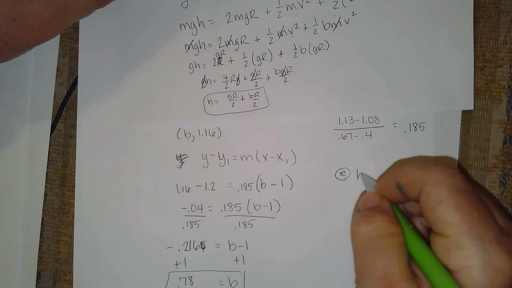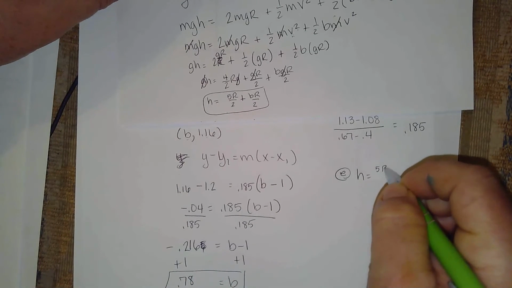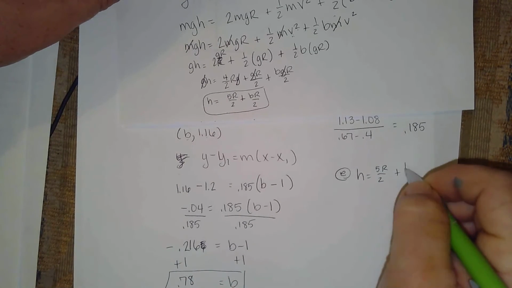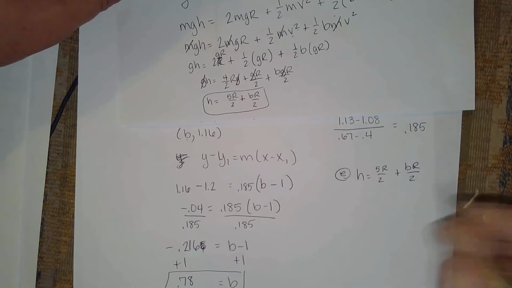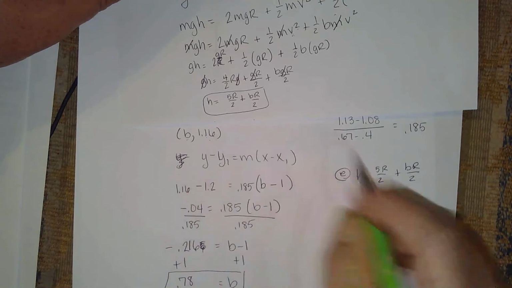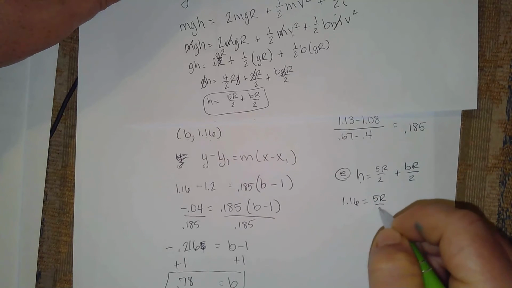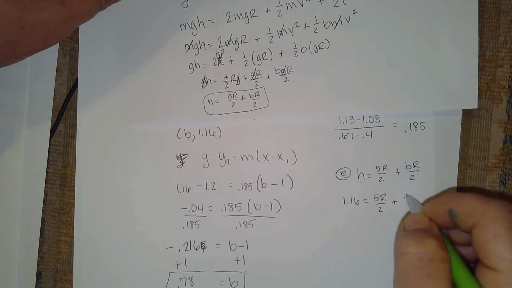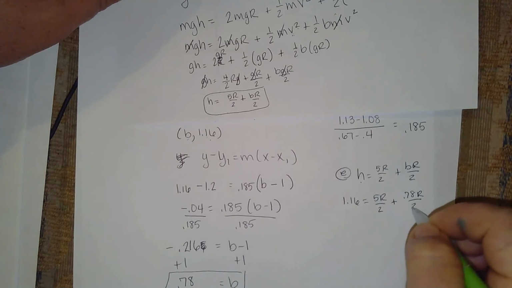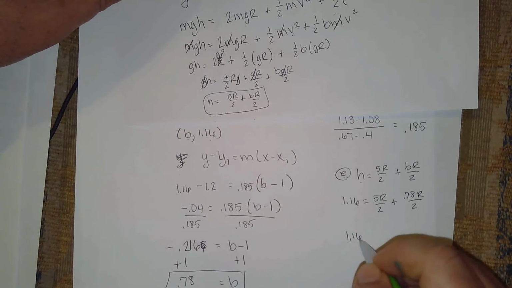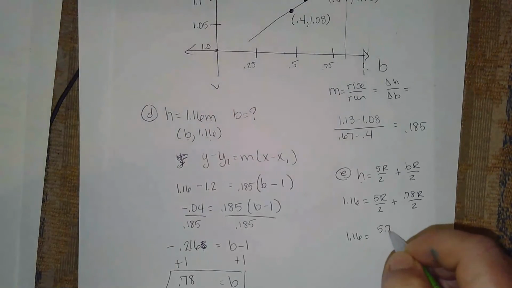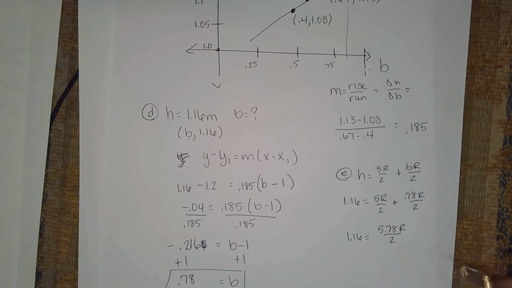So I had height is equal to 5r over 2 plus br over 2. I'm going to plug in the height that they tell me, which is 1.16. I'm going to put R in, because that's what I'm looking for, and B is 0.78. So I get 1.16 is equal to 5.78 R over 2.